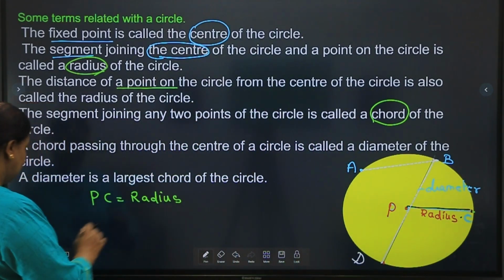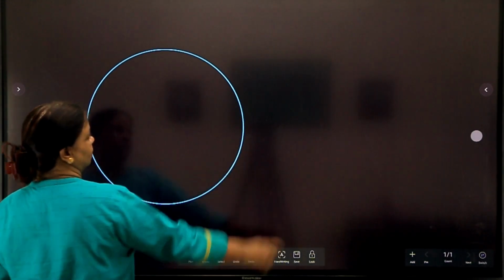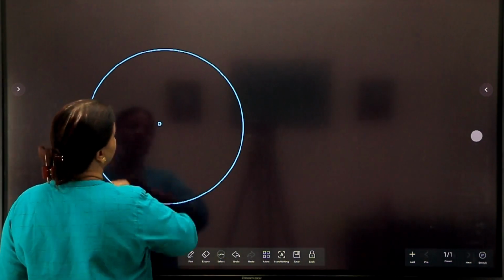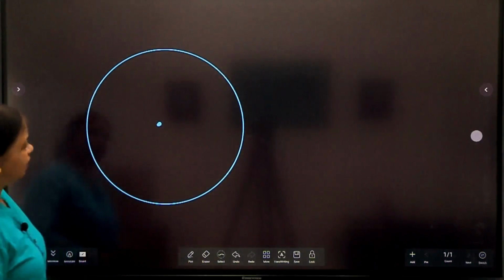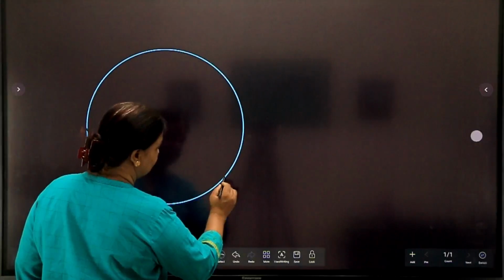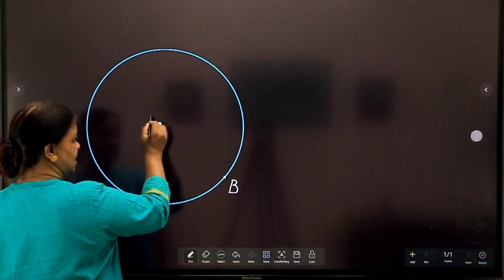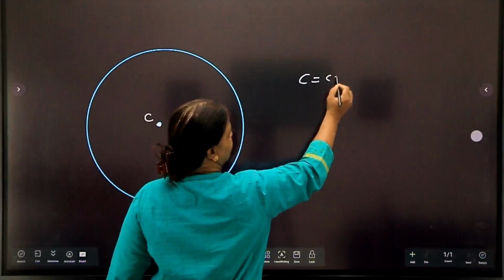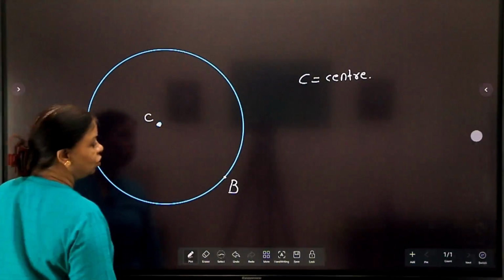Okay. Let us see it in a different way. This is the circle, children. And the point which is exactly in the middle is known as the center of the circle. Clear? And if I take a point on the circle, let us take this point as C, and C is the center of the circle. B is the point on the circle.